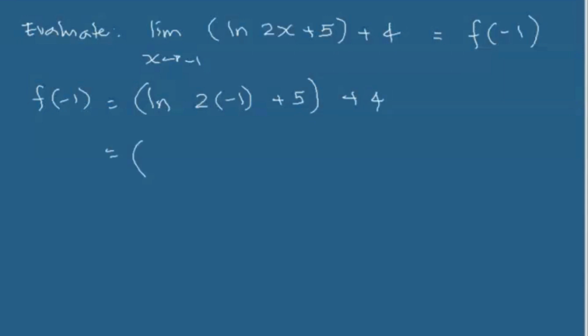So that is ln of 2 times negative 1, which is negative 2, plus 5, so ln 3 plus 4. Use your calculator to find ln of 3. After you get that, you add 4. So the answer that you will get should be 5.0986.